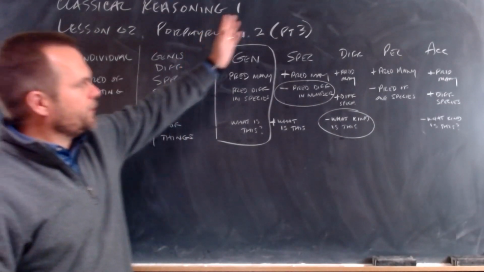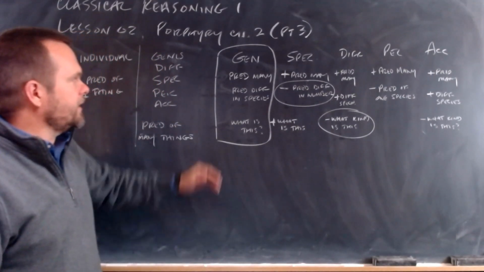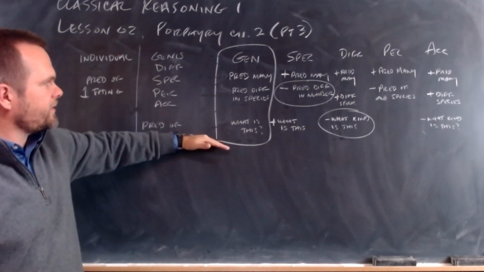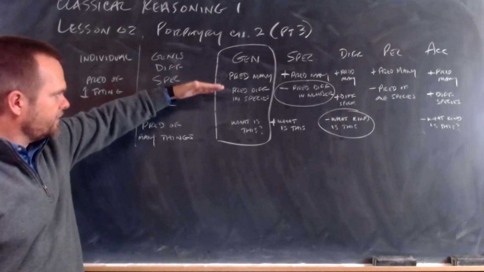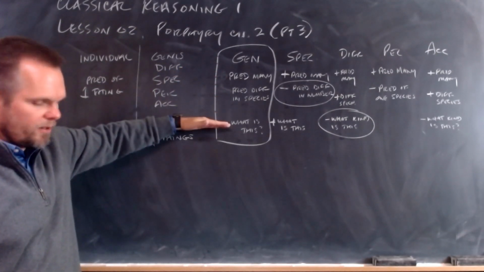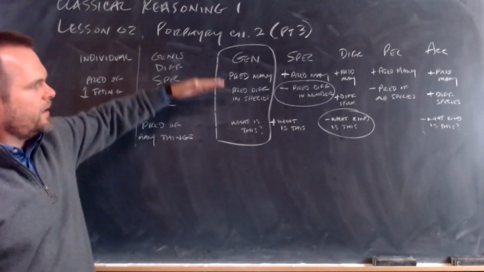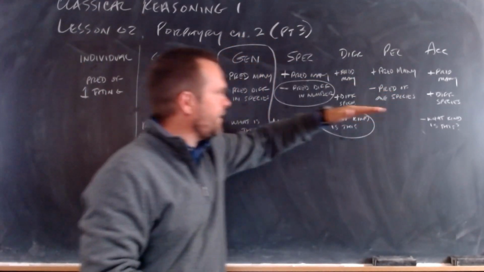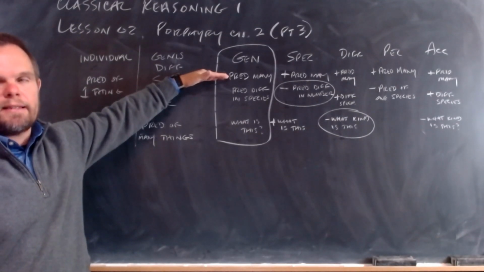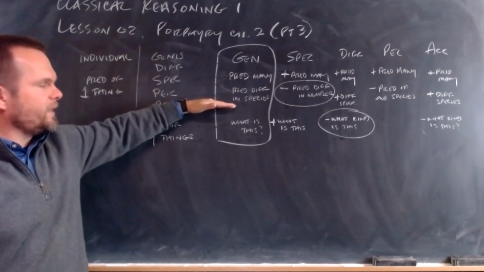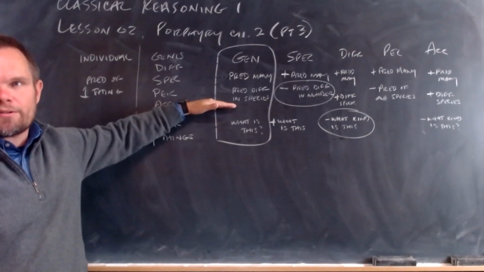Then we go on to peculiarity and we ask the same question. Take the definition of genus. A genus is that which is predicated of many things, differing in species, answering the question, what is this? Is peculiarity like a genus? Is it predicated of many things? Yes. Is it predicated of things differing in species?